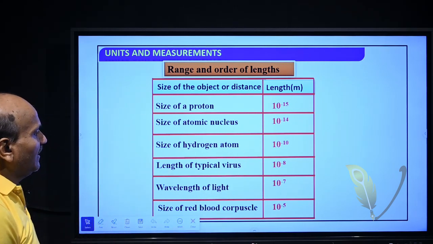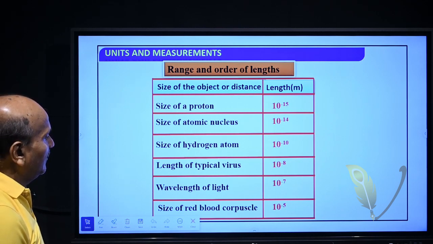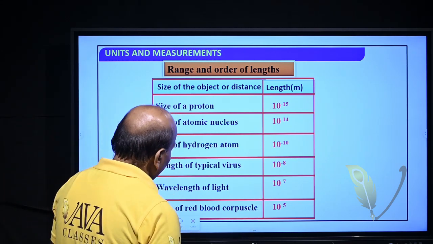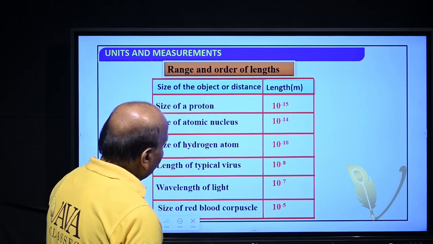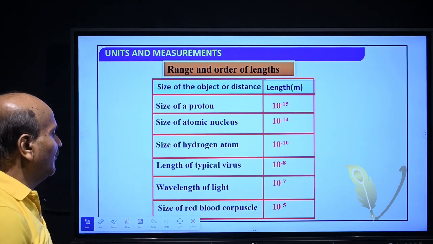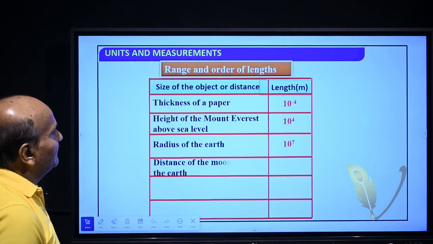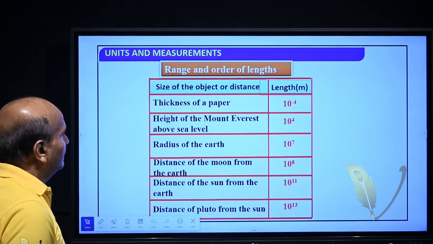Length of a typical virus 10 to the power minus 8 meter. Wavelength of light 10 to the power minus 7 meter. Size of a red blood corpuscle 10 to the power minus 5 meter. Thickness of a paper 10 to the power minus 4 meter.